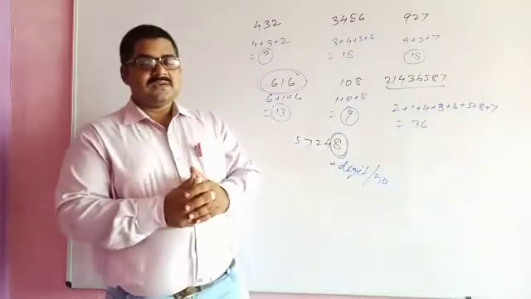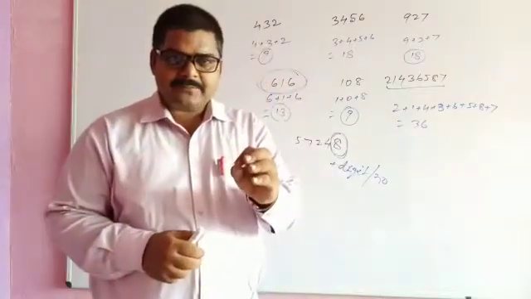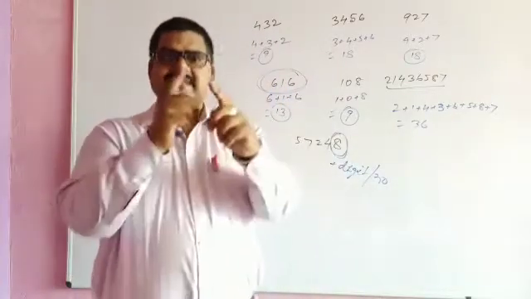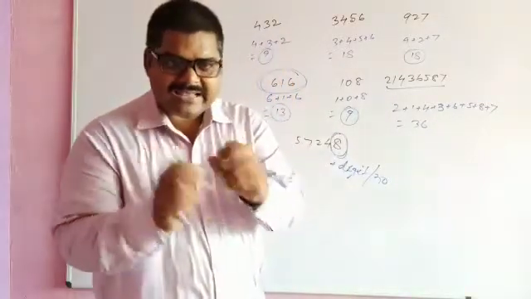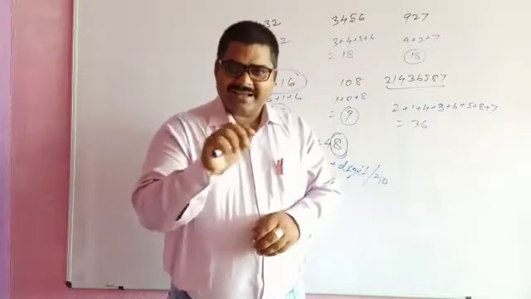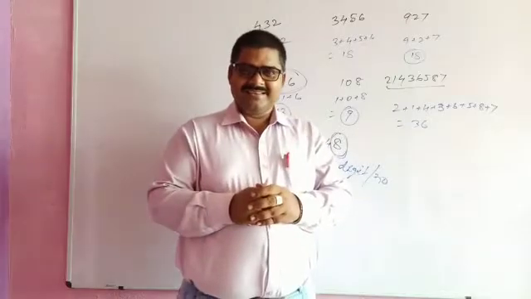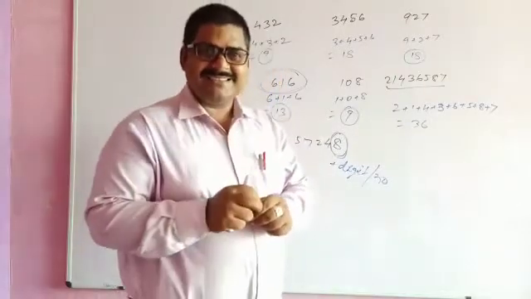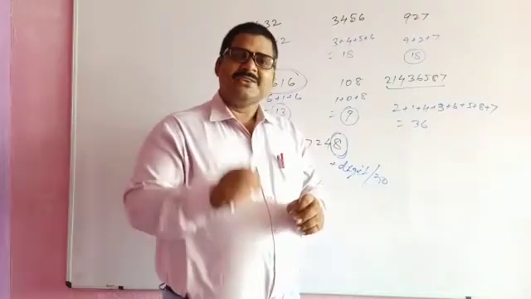According to this question, you have to write down the smallest digit. Comparing 2 and 7, the smallest digit is 2. So the right answer is 2.